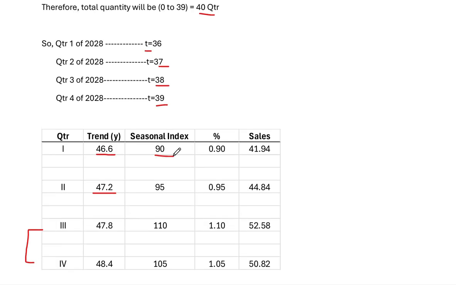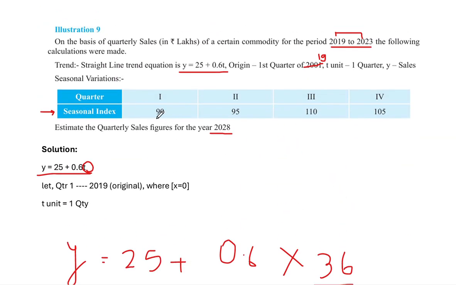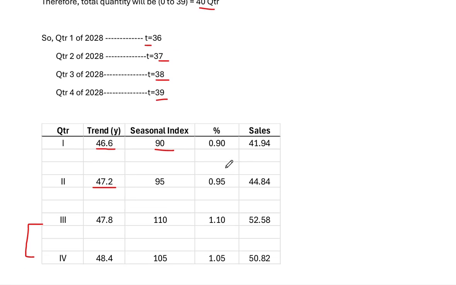Now the seasonal index details. Seasonal index details are given in the question: 90, 95, 110 and 105. Now we will calculate as percentage. So we will convert the seasonal data into percentage. 90 is 0.90, 95 is 0.95, 110 is 1.10, 105 is 1.05.